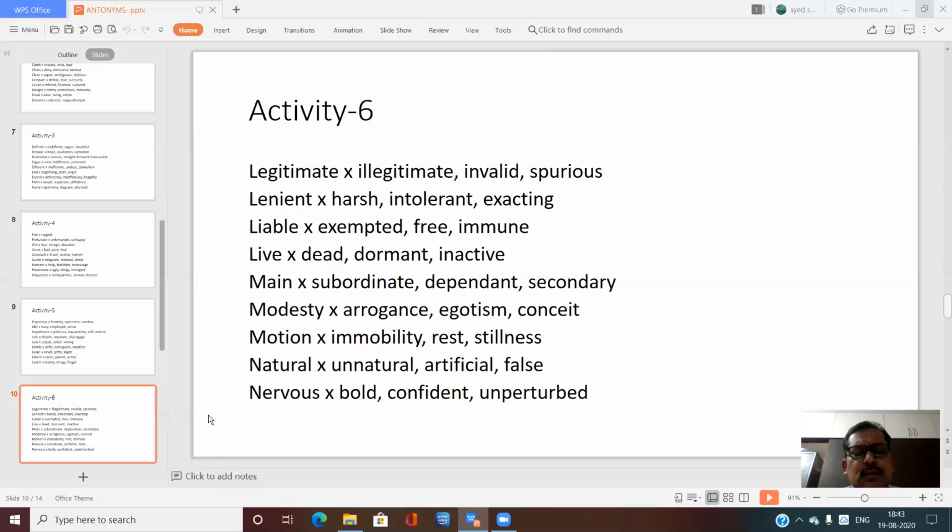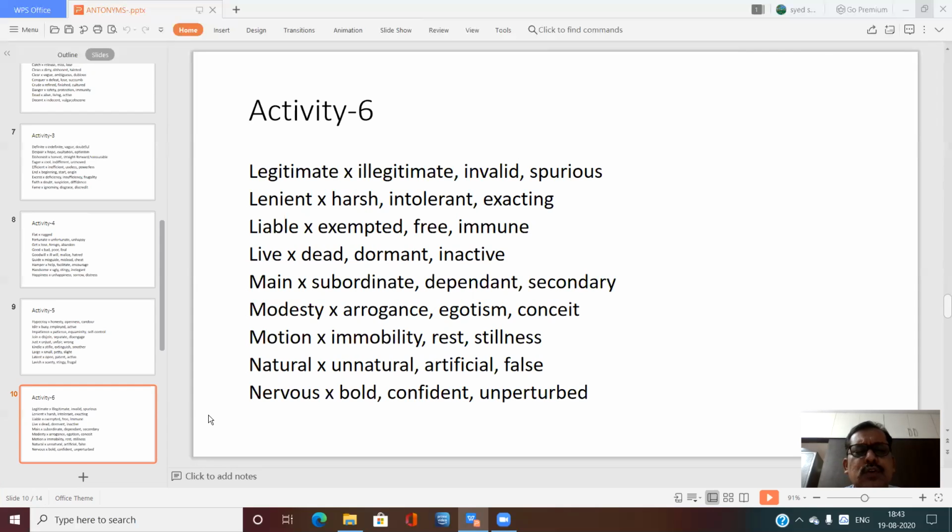Next, modesty. Opposite word: arrogance. Modesty means down to the earth, plain. Egotism, conceit. Conceit means feeling oneself great.